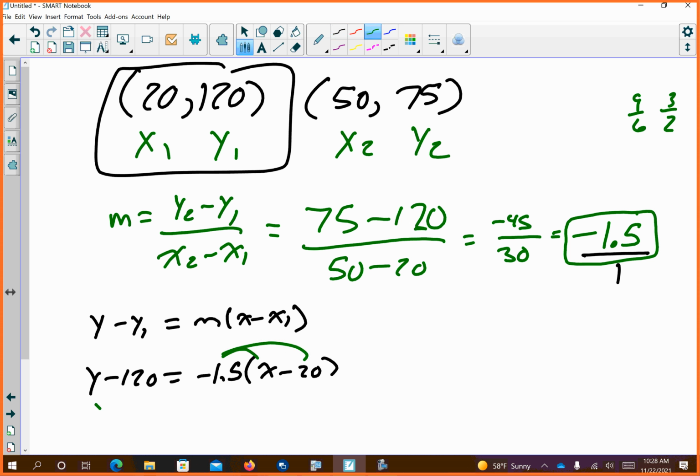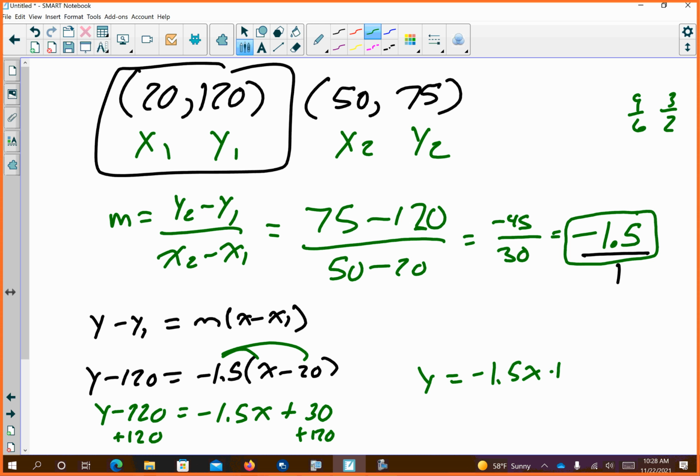Distribute. Plus, what's 1.5 times 20? 30? Is it 30? I think it is. I'm going to add 120 to both sides. So y equals negative 1.5x plus 150.